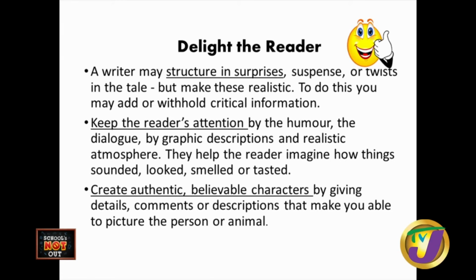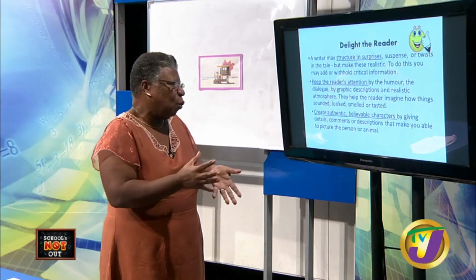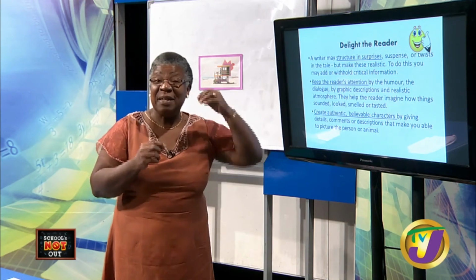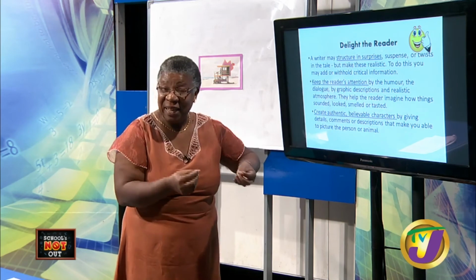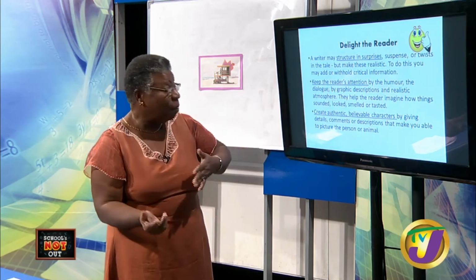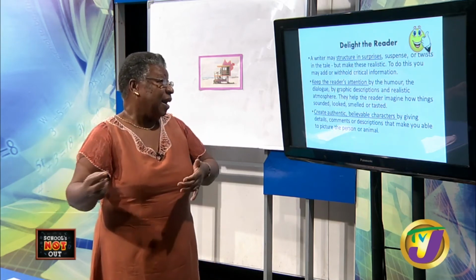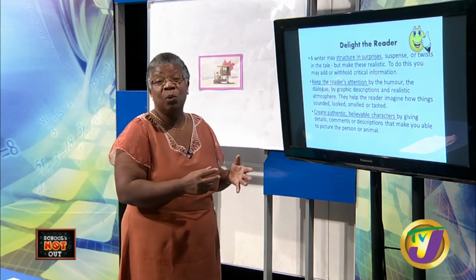And in the creation of the characters, be careful. We want characters that we can believe in. We want characters that seem real. We want characters that fit the context of the story that you are writing. And how do you do that? It is dependent on details that you introduce, comments that you make, conversations that you make them say, descriptions that you include.